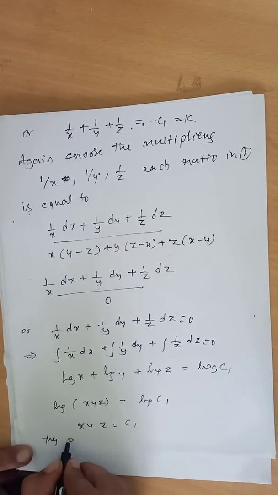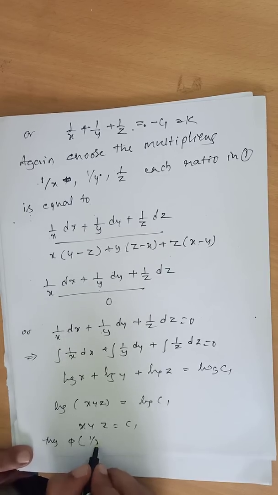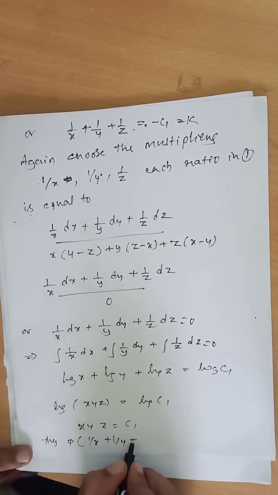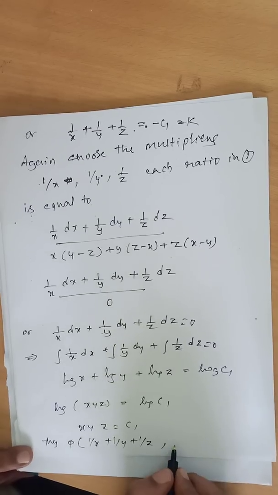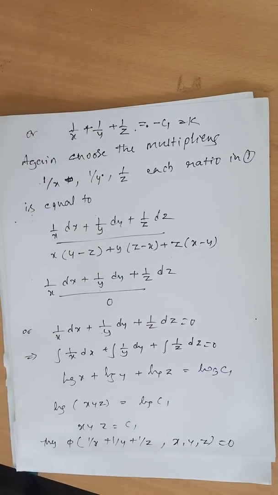Thus phi of (1/x + 1/y + 1/z, xyz) equal to 0. So this is the required solution of Lagrange's partial differential equation in the form of Pp + Qq = R.